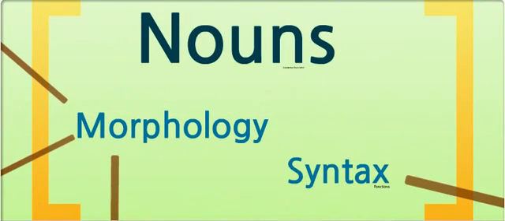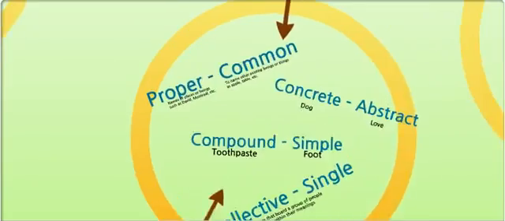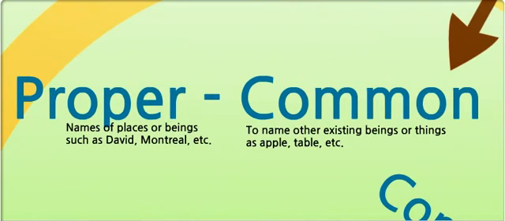Then, again, talking about morphology, we can talk about the categories of nouns. Nouns can be proper or common. Proper when they name specific things or people or places. For instance, David, Montreal, Canada, United States of America, Isabel, or Pachito.